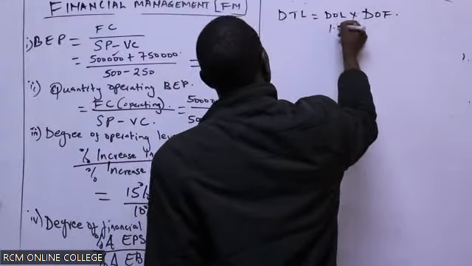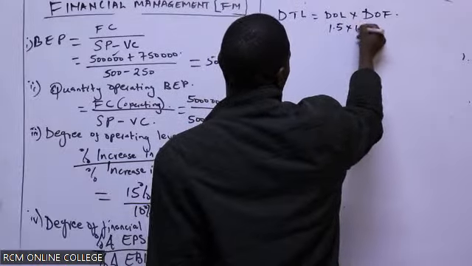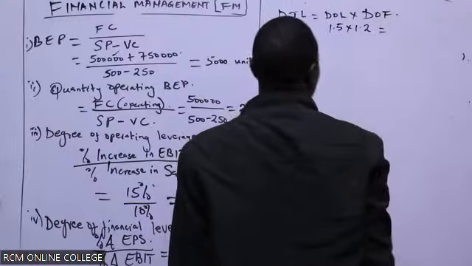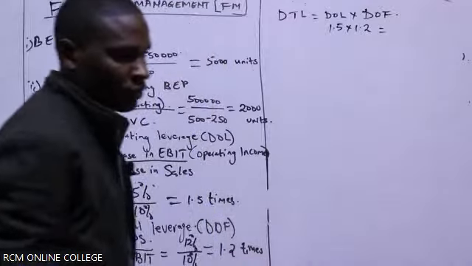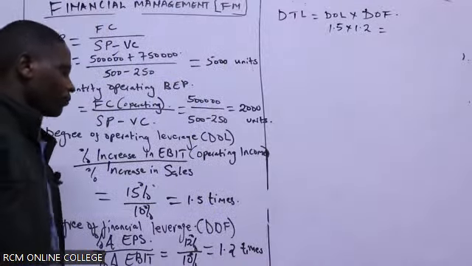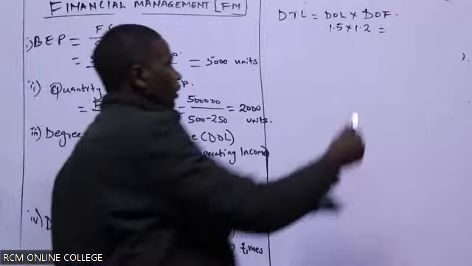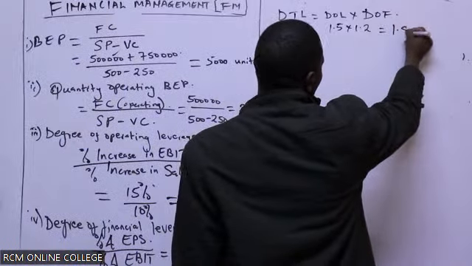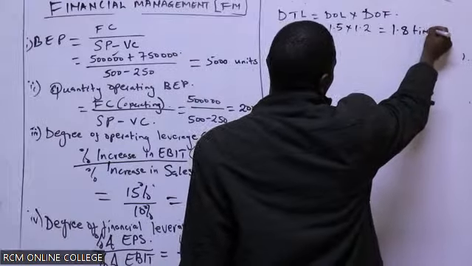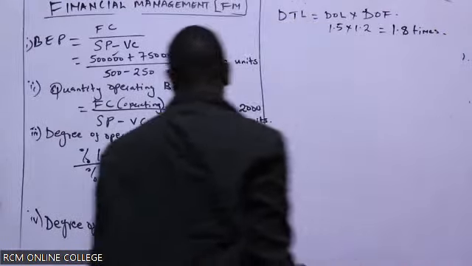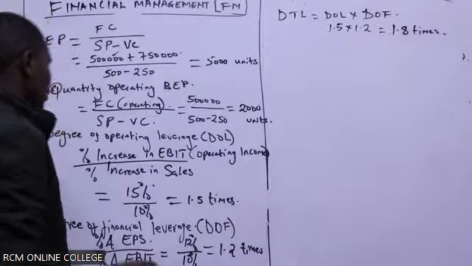So it is 1.5 times 1.2, DOL times DFL. So it is 1.8 times.